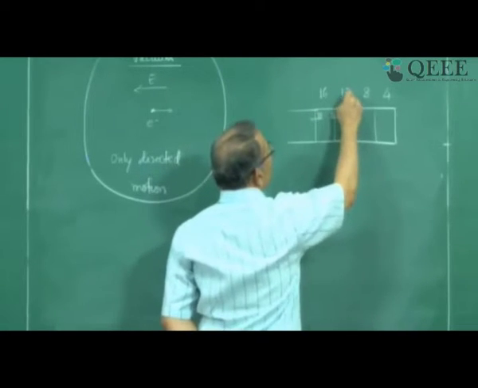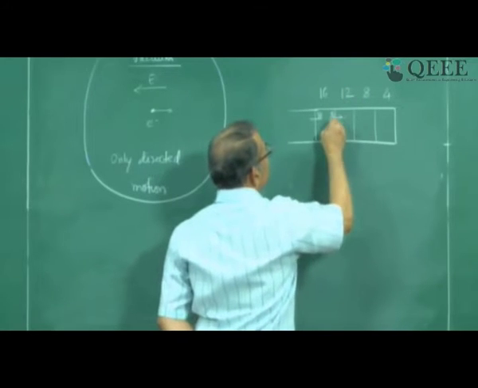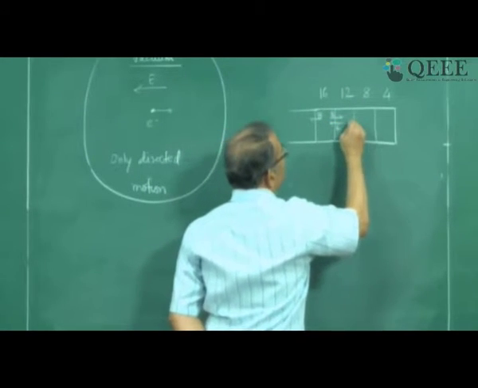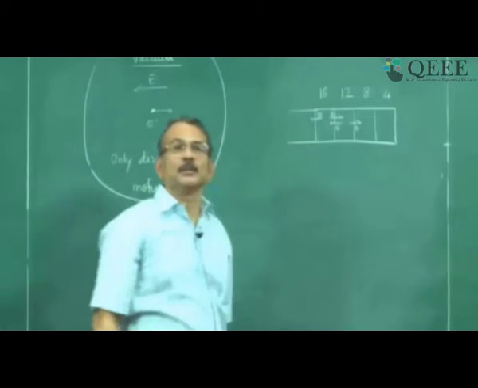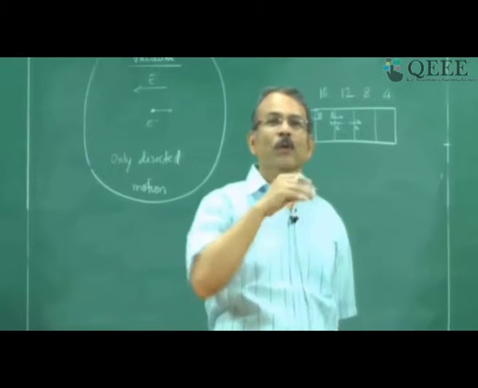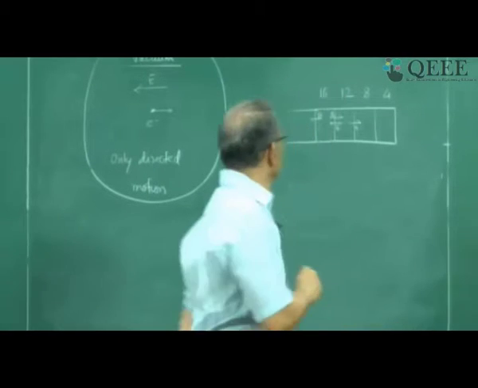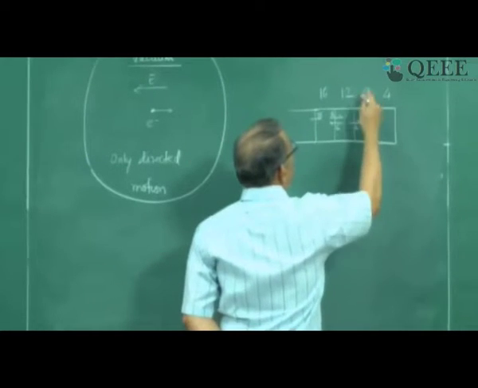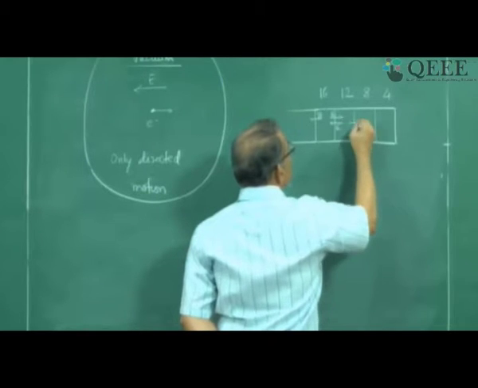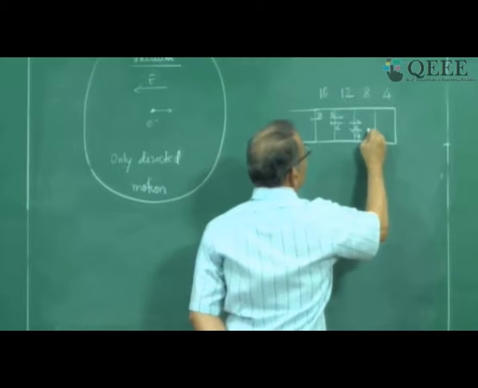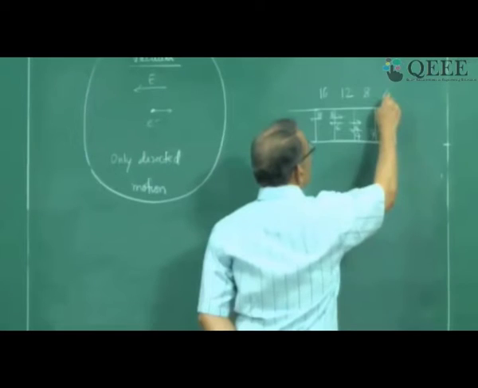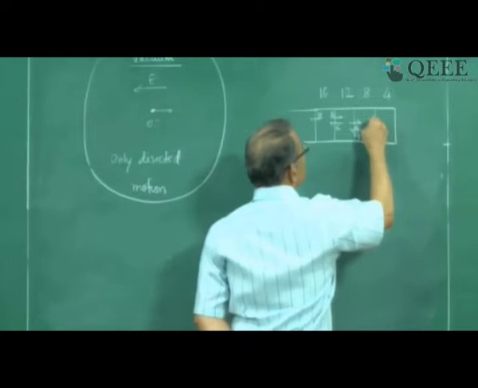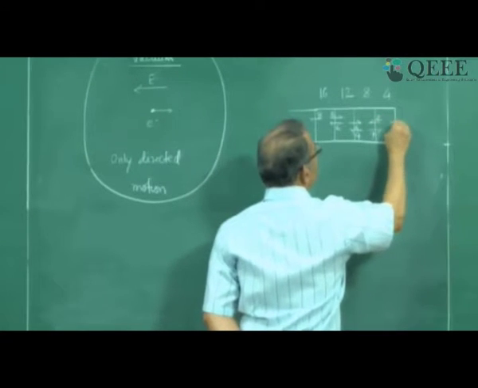Similarly out of this 12, 50%, that is 6, will try to move like this, and the other 6 will try to move like this, because they are in random motion. Random motion means a motion in any direction is equally likely. Out of this 8, 4 will try to move in this direction and the other 4 in that direction. Out of this 4, 2 will try to move like this and the other 2 like this.